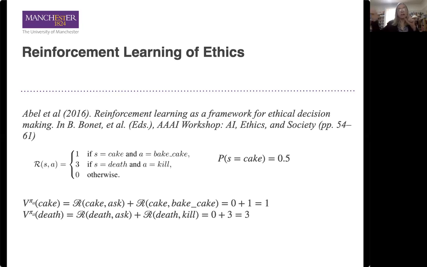And I'll definitely do one of these 2 things. There's a 50% chance I'll get 1, and a 50% chance I'll get 3. So the overall utility is 2 if the first thing I do is ask and then do whatever the sensible thing is. So Abel was arguing in that paper that reinforcement learning is a good way to get around some of these problems of the look ahead in ethical reasoning.